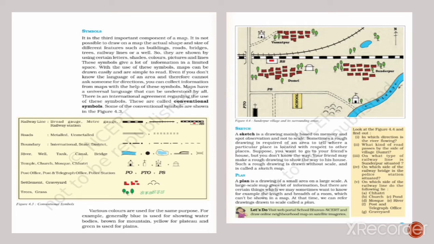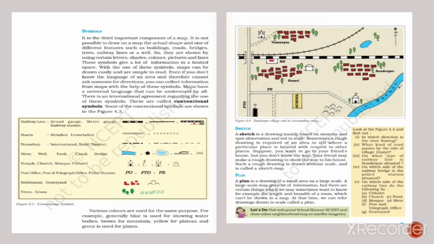In the picture, we can see all the symbols used to indicate the railway line, roads, boundaries, and water bodies such as river, tanks, canals and so on. Also temple, church, post office, police station, settlement, graveyard, tree and so on. These are all the conventional symbols we use to indicate different places, rivers and roads.